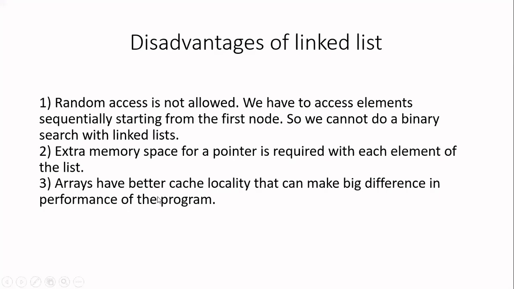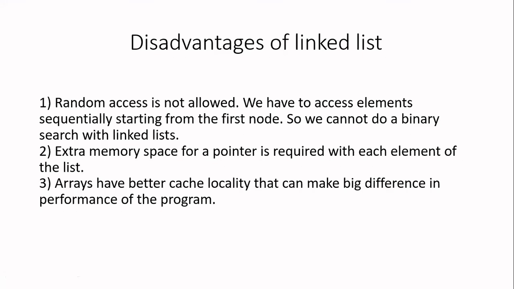And in case of array, we have another advantage. In computer organization, you will study this term. It is called cache locality. What is the meaning is, when you are writing your program, all the programs will contain many statements, many instructions. All the instructions will be stored in immediate memory locations only.